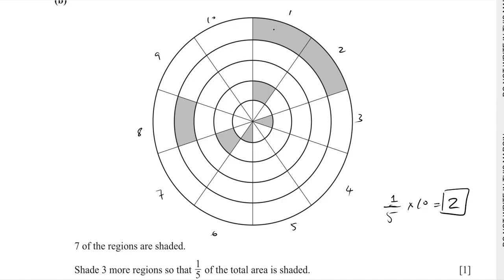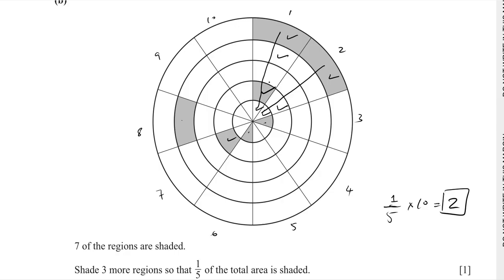We have to completely shade these two parts. You can choose any of these two. I'll choose these two. This is already shaded, this is already shaded. This one, let's bring it here. This is shaded. This one is shaded already. These two are shaded, it means this is shaded, this is shaded. So we bring them here. This one is shaded, I think this one is going to be here.